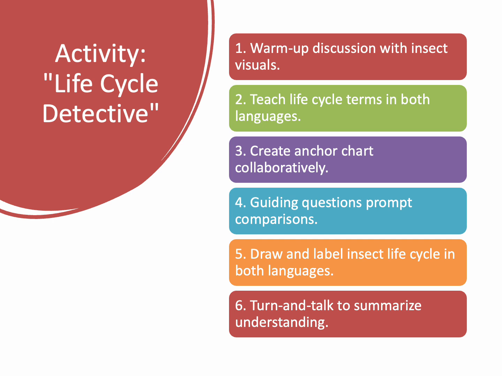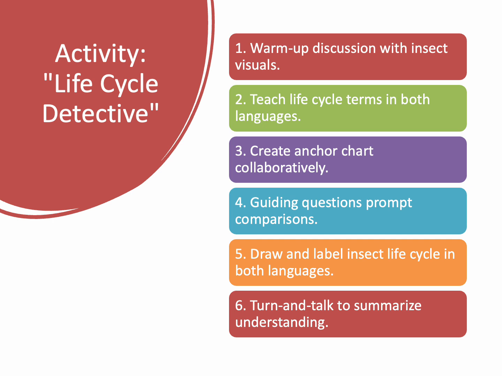Then I introduce vocabulary in English first, followed by Spanish, using visual aids and gestures. Next, we co-construct an anchor chart. Students match vocabulary across both languages and classify them as cognates or false cognates. Using guiding questions, students reflect: why do you think these words are similar?